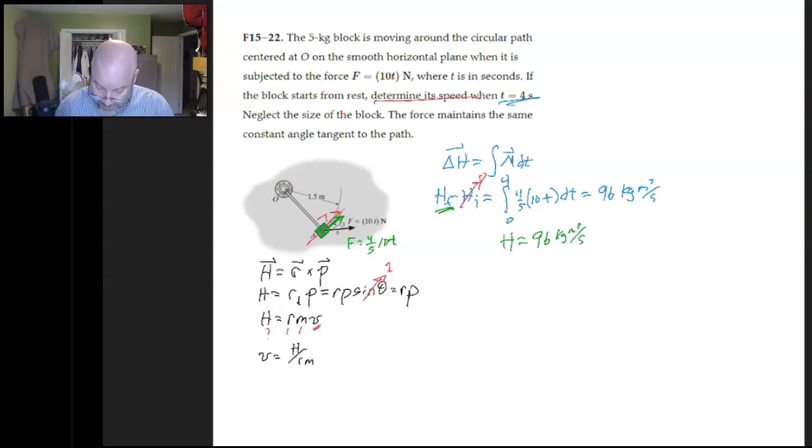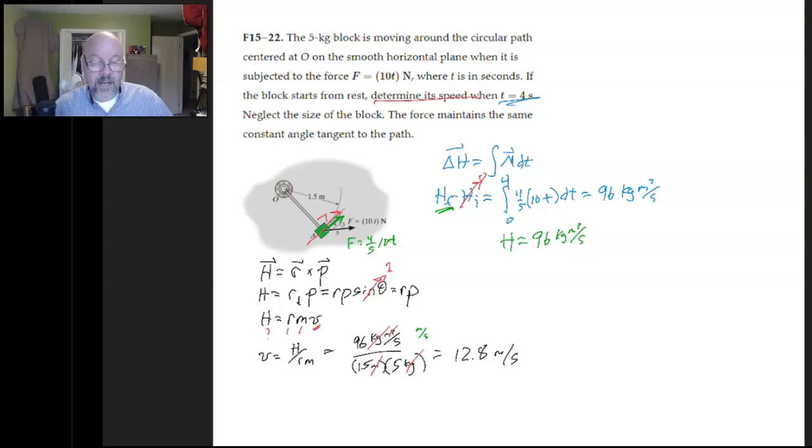Then all I have to do is plug it in below, and we're good. 96 kilogram meters squared per second over a radius of 1.5 meters and a mass of 5 kilograms. Look at our units. Kilograms cancel, one meter cancels, and all we're left with are meters per second. That's kind of nice, that's what we expect. Work out that division, and you get 12.8 meters per second.